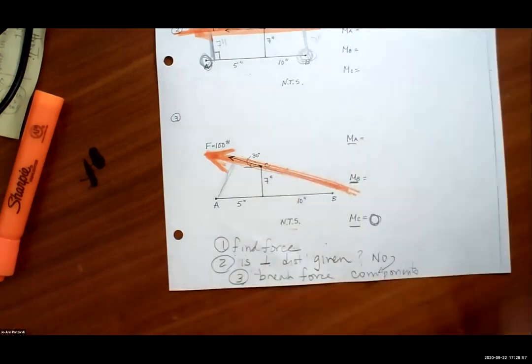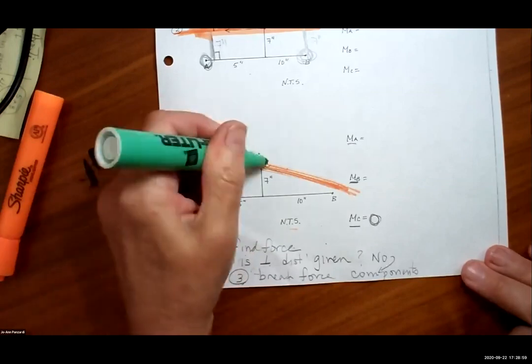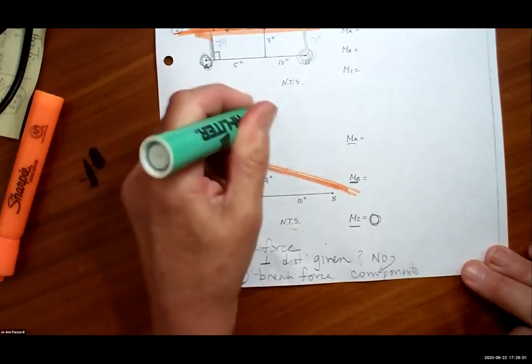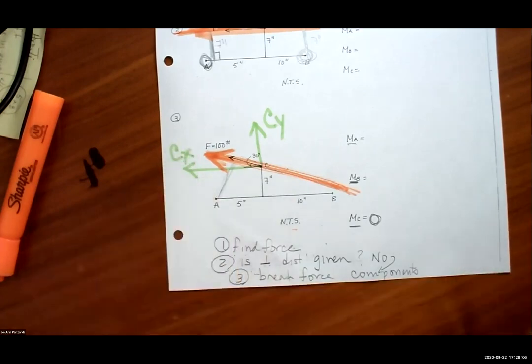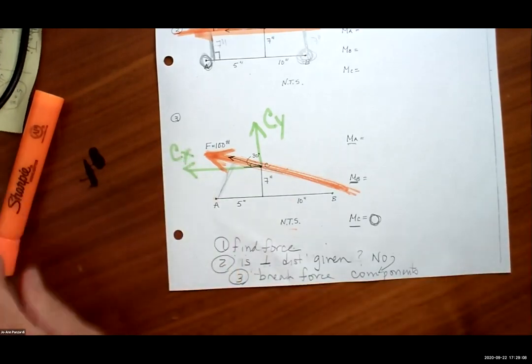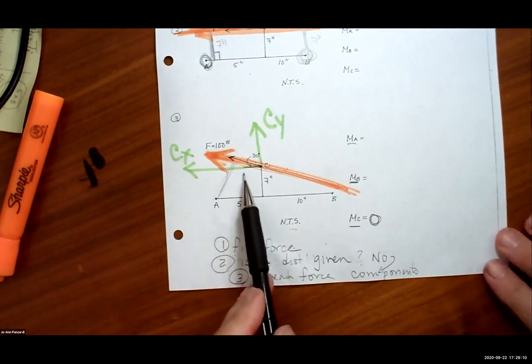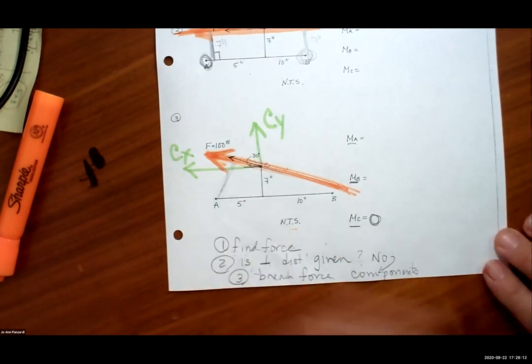Okay, so I'm going to take this force now and I'm going to find the CY component and the CX component. Because now with the components, is the perpendicular distance given?